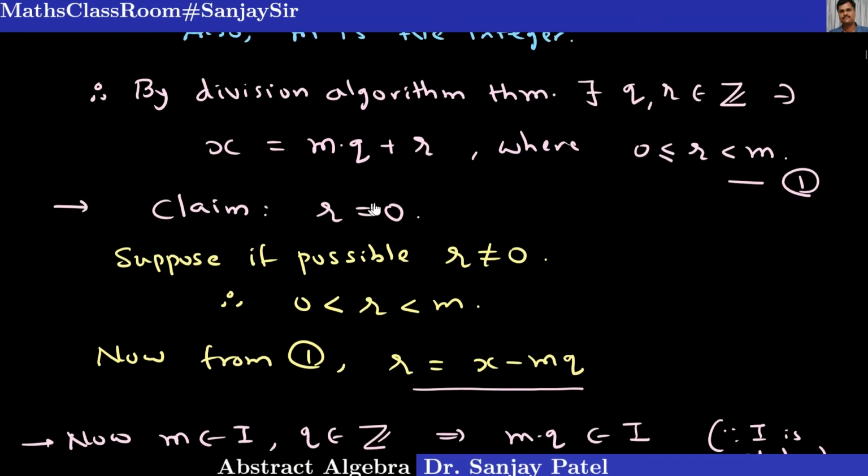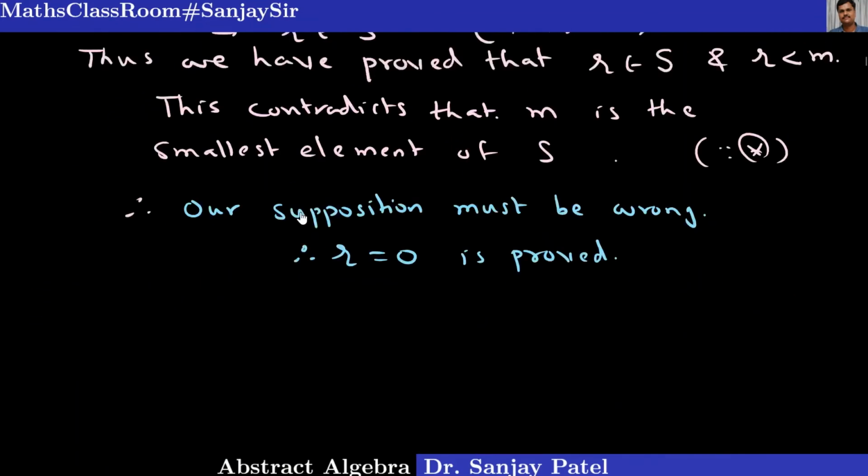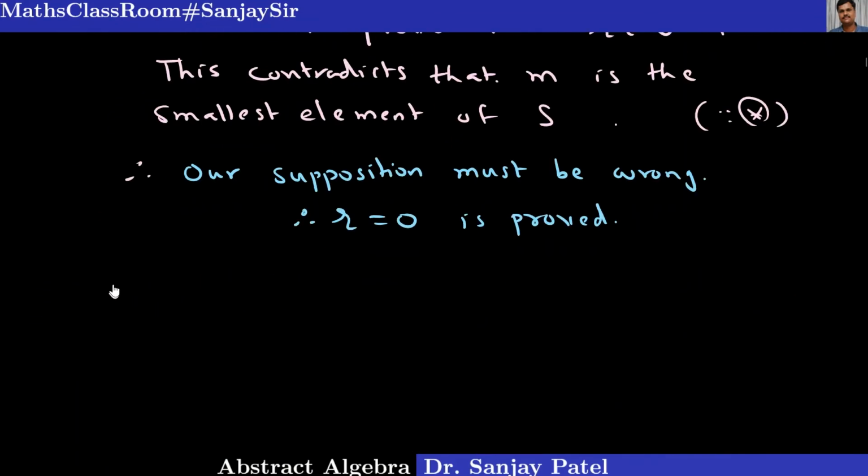Once R is equal to 0, from result number 1, I can write X is equal to M into Q, where Q is some integer.